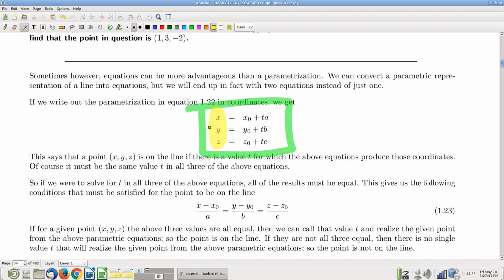Well, I can tell you what that value of t has to be. That value of t has to be that. Forget about the y and the z. Just looking at this first equation, if you've given me an x and you want to know what t is going to make these 3 points, it's going to have to give me that x. So the value of t in question has to be what this first equation says it has to be. It's got to be that.